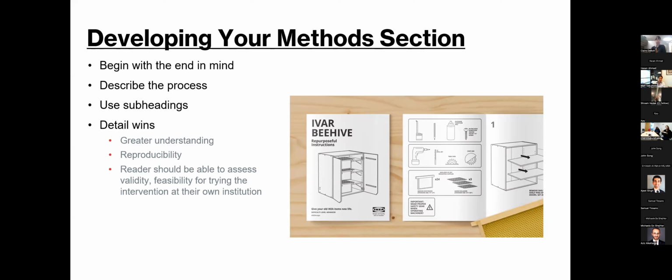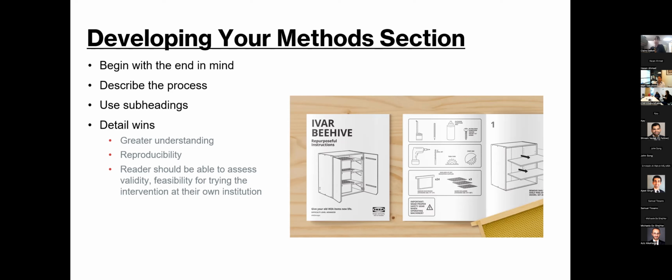And then yeah, detail the wins. So what were you moving towards? What were the interim wins that you might have had? And a lot of this is greater understanding of what was the process that you took to set up, again, an implementation project or a design project. How reproducible is this? So if someone wants to take it, it's like, oh, wow, that was a great idea, they basically redid a paper checklist and did it as a web-based visualization.